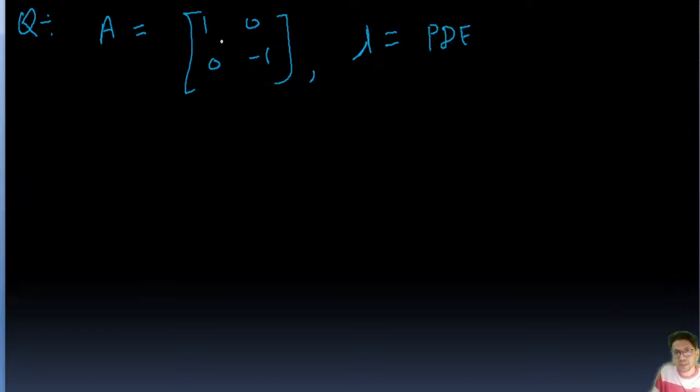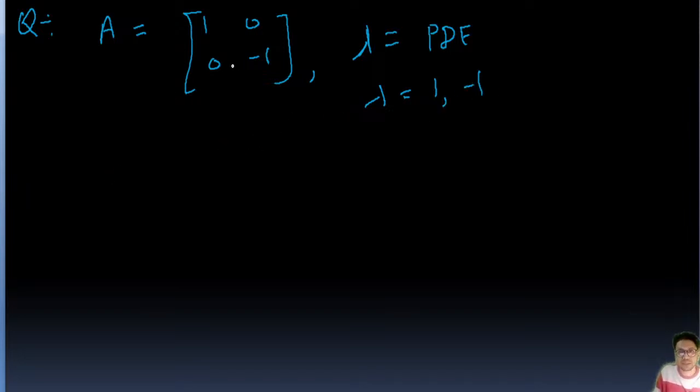We have been given A equal to 1, 0, 0, minus 1. Okay, this is the given A. This is a diagonal matrix, right? Because apart from the diagonal elements, all elements are 0. And we know for a diagonal matrix the eigenvalues are the principal diagonal elements. So these are 1 and minus 1, the eigenvalues, by property.